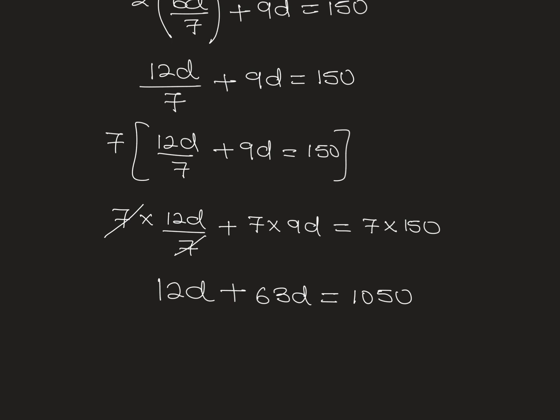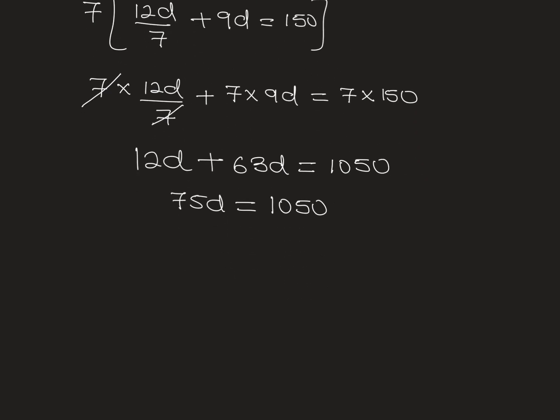So 12d plus 63d is 75d, equal to 1050. To find d, you divide both sides by 75. So d is equal to 1050 divided by 75, which is 14. So the common difference here is 14.